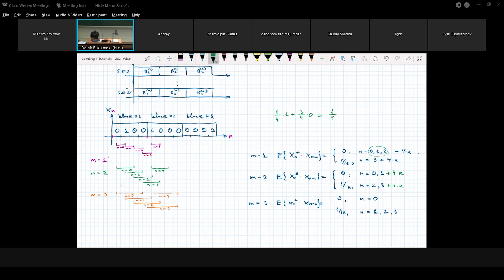You can say that, oh, this is 4k. The last case that we have to consider is the case for m equals to 4. Okay, let's try to check what happens. We start with this sample.